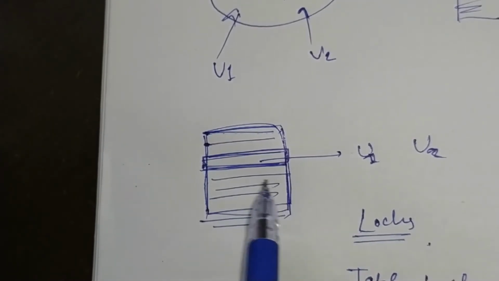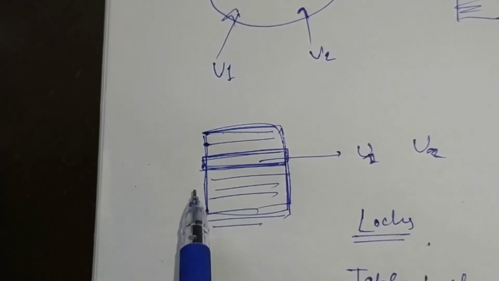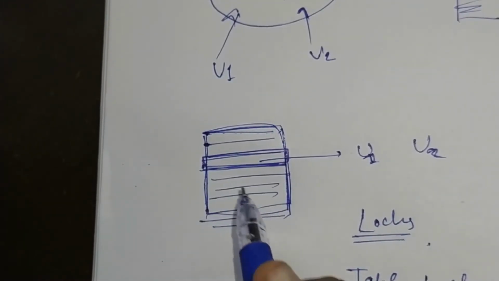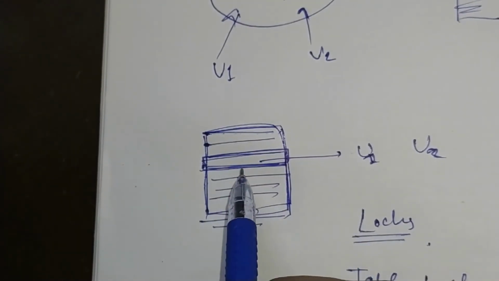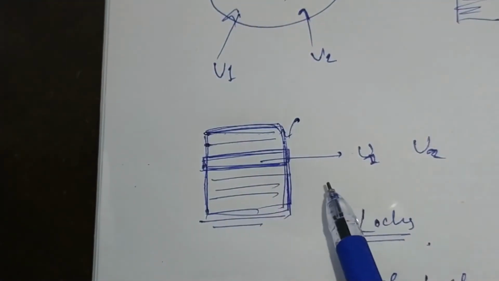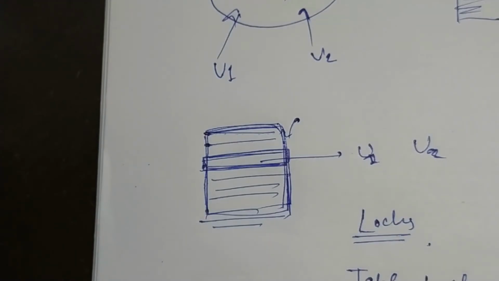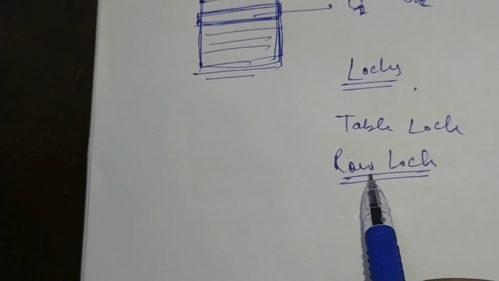So user 1 will come, lock this whole table, make changes, and when the changes are done, it will remove that lock. Then others can come and do whatever they want by adding their own lock, right? Similarly for other users.